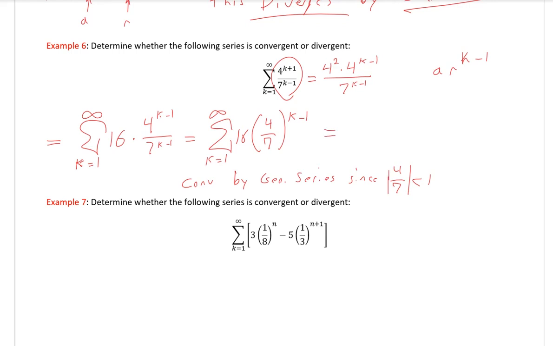And we know that this will converge to a, which is 16, over 1 minus r, where r is 4/7. So that's 16 over 3/7. So 7 times 16 is 112 over 3. And that's what it converges to. Kind of a strange number. A lot harder to determine if you did that by hand.